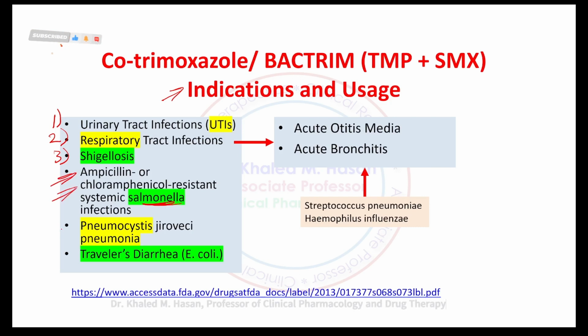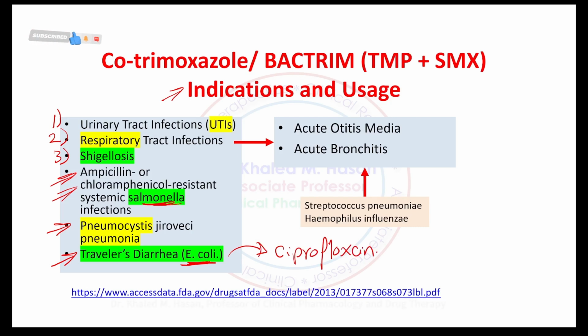We can use it for Pneumocystis pneumonia, and for traveler's diarrhea caused by E. coli. This reminds us of another antibiotic, ciprofloxacin, already covered with the fluoroquinolones and considered one of the most important medications for traveler's diarrhea.